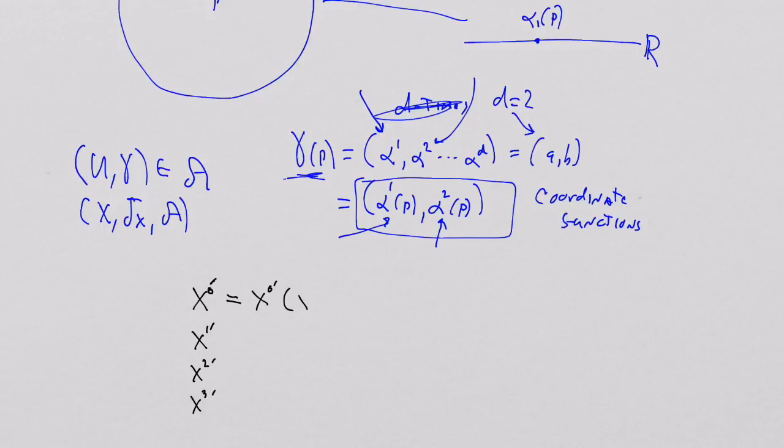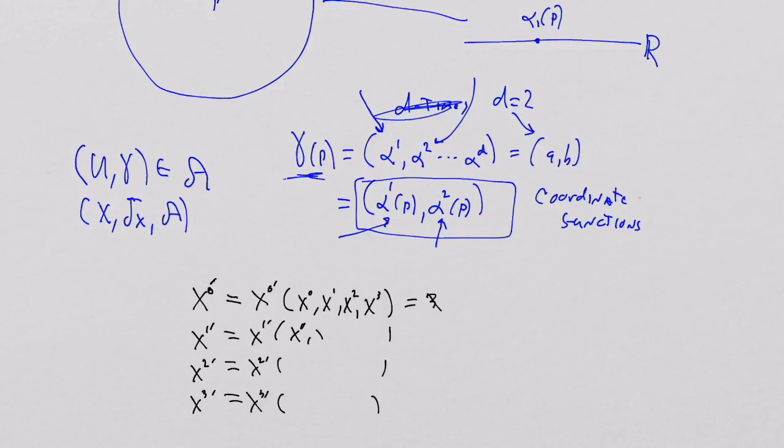So x0 prime of x0, x1, x2, and x3, and likewise for x1 prime, x2 prime, x3 prime, where they're functions of these, etc. The way they say this is, the new coordinates are functions of the old coordinates, right?